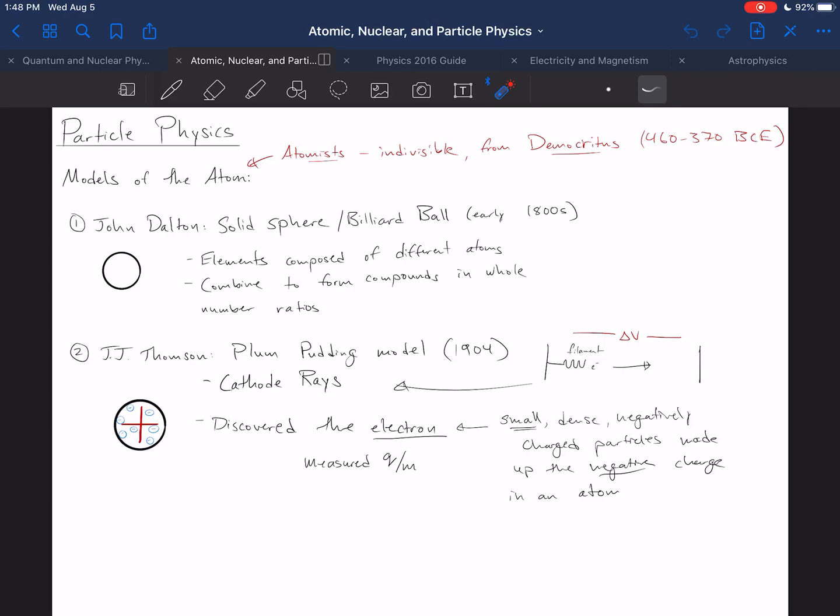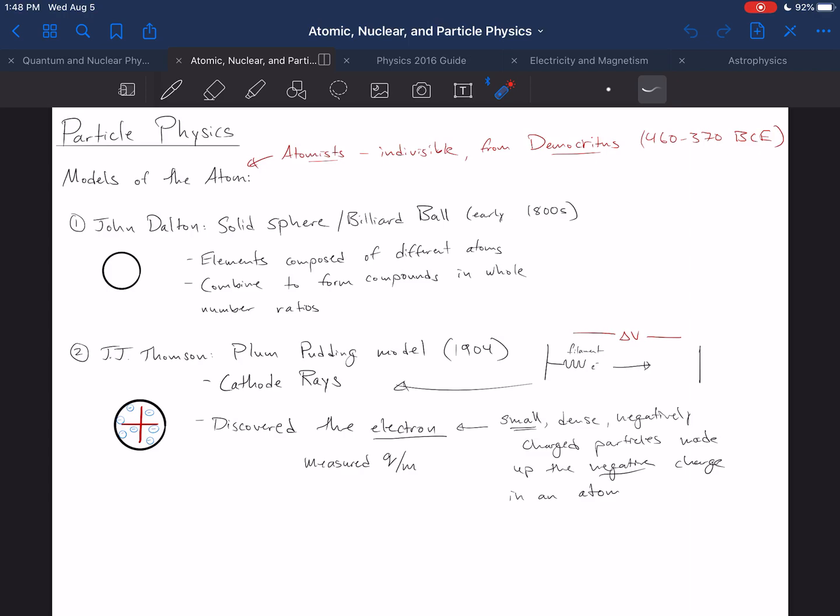Those are cathode ray tube televisions, which involved taking a filament, putting it at a high temperature, and applying a large delta V, a large potential difference across it. And in this way, he discovered the electron.